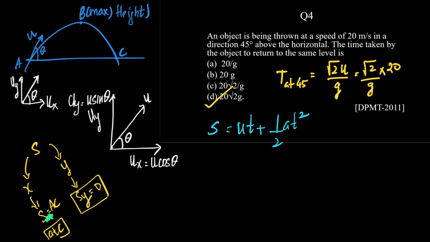So when we say sx at C, this was the initial position, this is the final position, which means AC is now the horizontal displacement. So displacement in the x direction, sx, is AC. Now sy is the displacement in the vertical direction. When the object is at C, is there any vertical displacement?